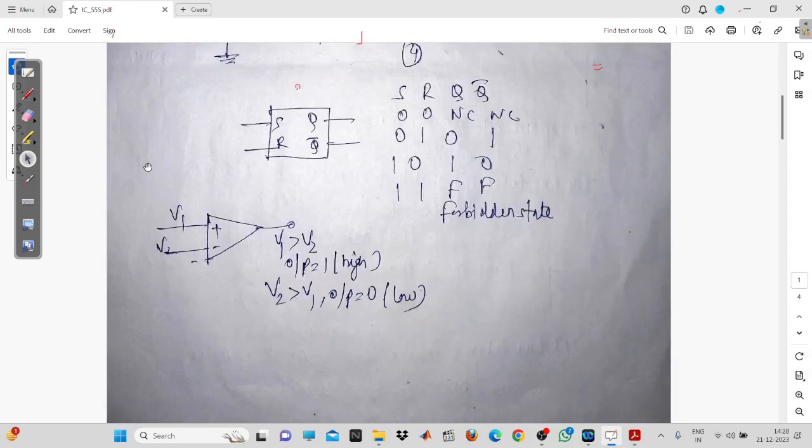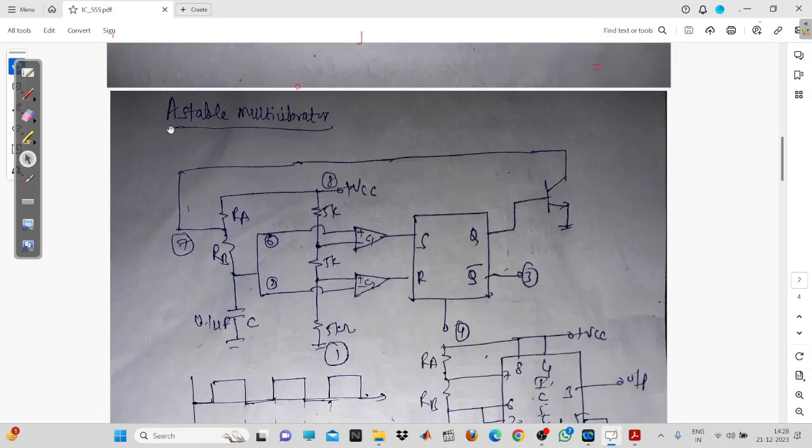There are three types. The astable multivibrator, which we generally use for square wave pulse generation. The second one is the monostable, where only one state is stable. Astable means no state is stable. You'll get one for a certain time, then zero for the other time, then again one, again zero. So this is repetitive.